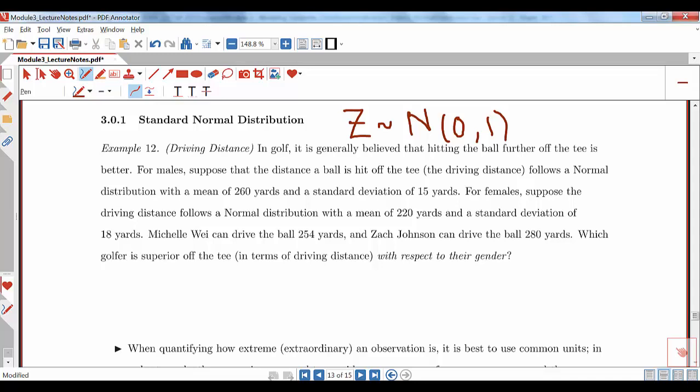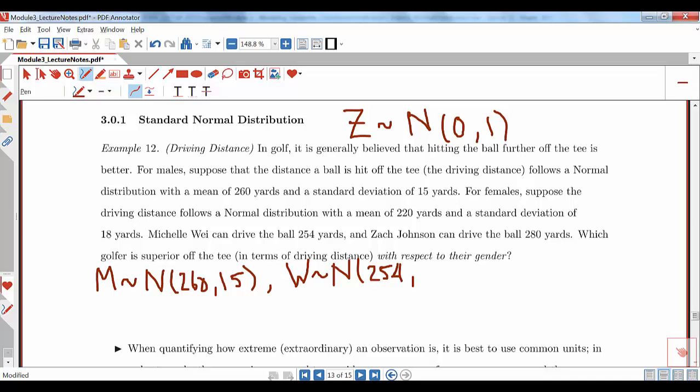So we have a problem here where we have the driving distance in golf for men and for women. Let's call the men's drive distance off a tee M. The drives are normally distributed with a mean of 260 and a standard deviation of 15. And let's call the random variable W the women's drive, which is normal with a mean of 220 and a standard deviation of 18.